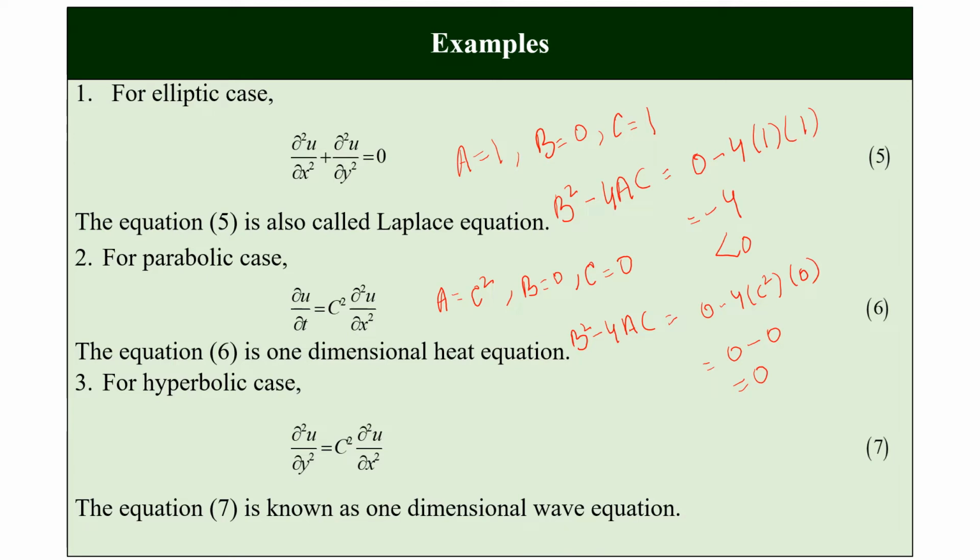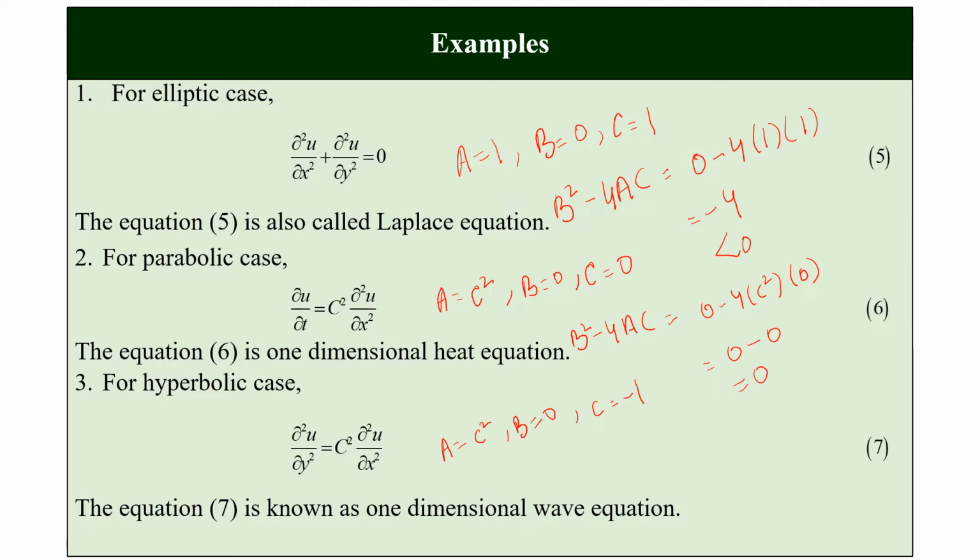And similarly, the best example of hyperbolic partial differential equation is the one-dimensional wave equation. If we compare this equation number 7 with equation number 4, we find that the value of A is equal to c square, the value of B is equal to 0, and the value of C is equal to minus 1.